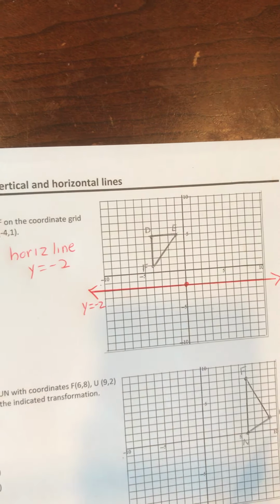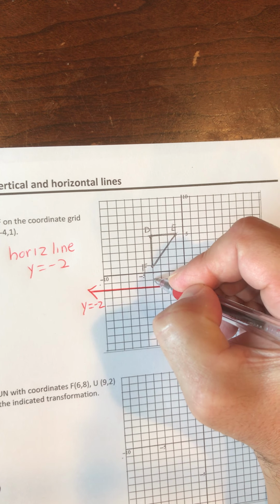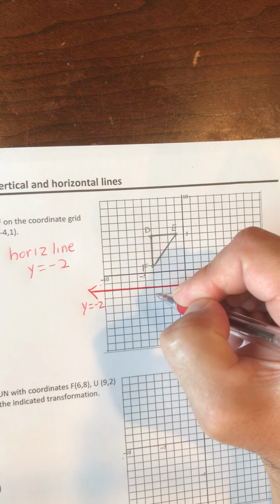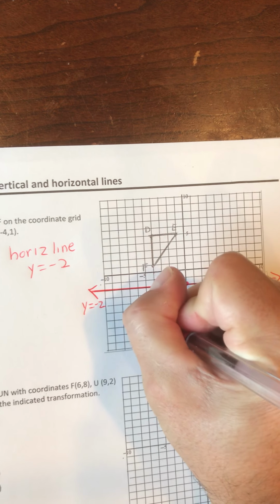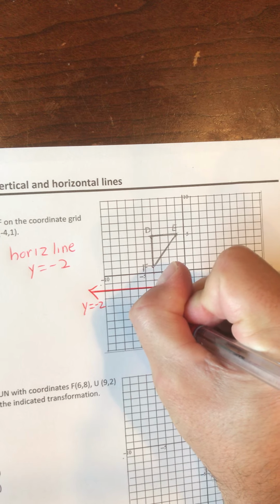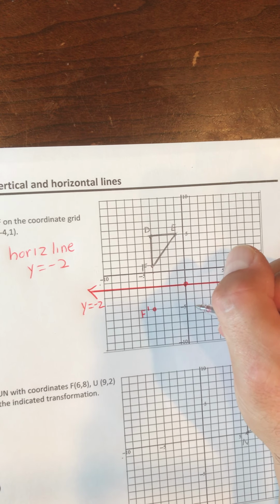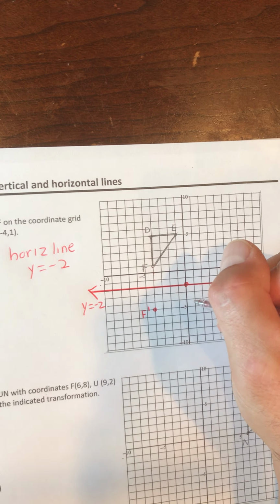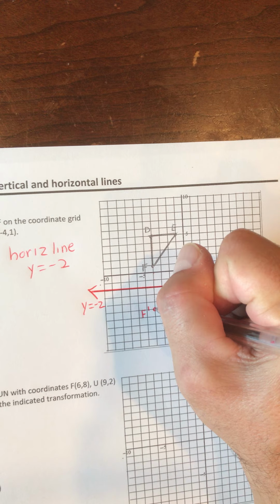Same thing as before, we're going to count. From F, I'm going to count down 3, and then it's got to be 3 in the opposite direction. F started out above the line we're reflecting over, so the image is going to be below. It's got to be the same distance, but on the opposite side. So we went from 3 above to 3 below.